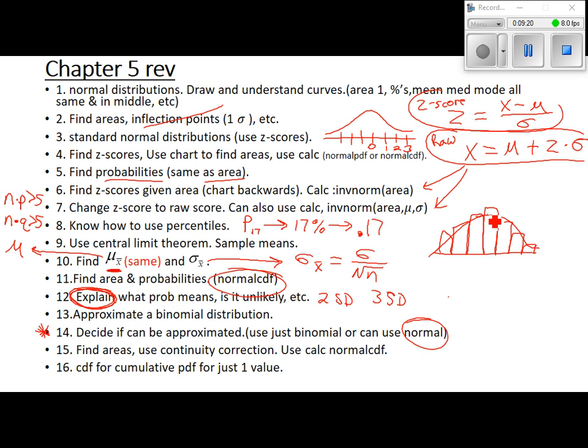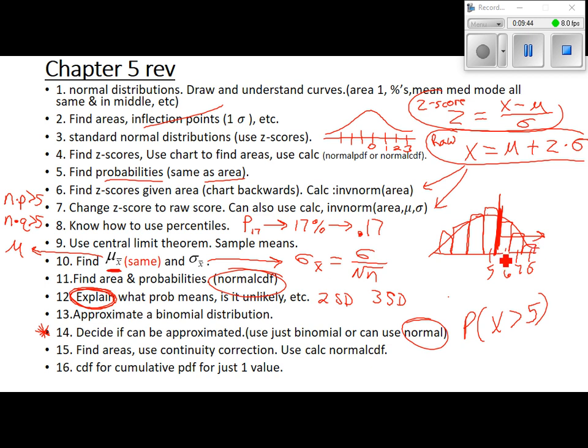But to do that, if we have something like the probability x is greater than 5, I'm just making up numbers here. If 5's right here, we don't want to include 5. We want to include everything above 5, so that means we're starting right here and going over.